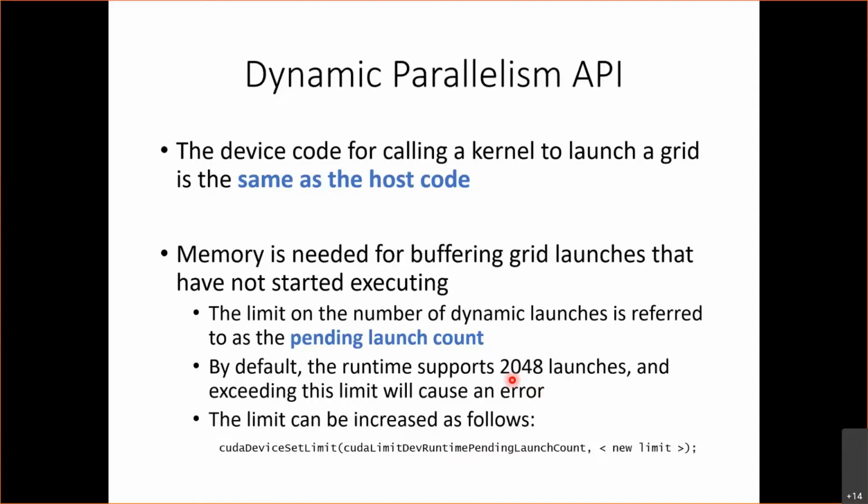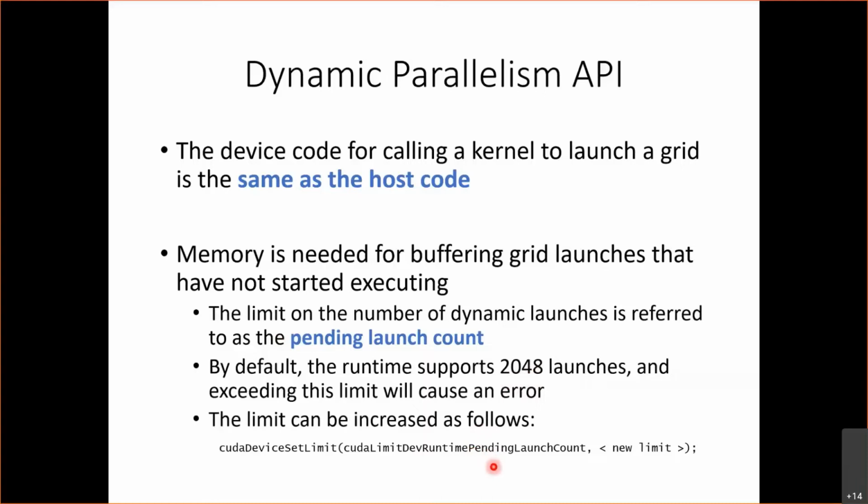No, it's total. So if I have 2,048 threads, each one of them does a launch, I've filled up the memory. Okay, so I can increase it if I need to do more than that. Later on in the lecture we'll see that we should probably reduce the number of launches if we're doing this many.